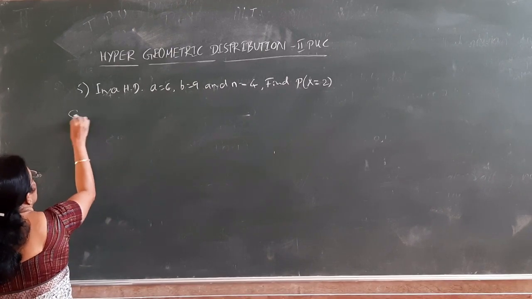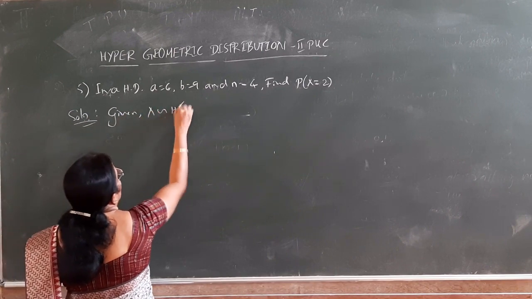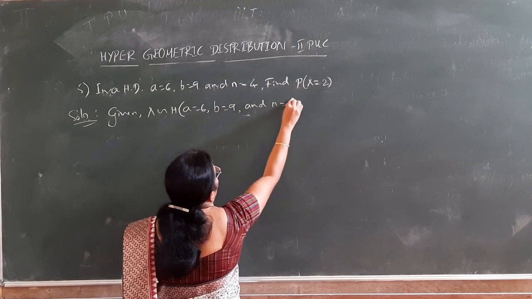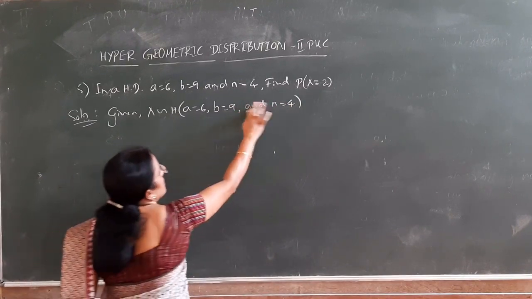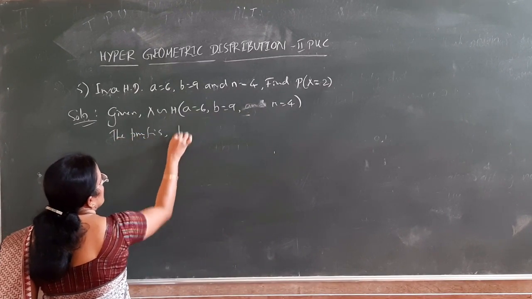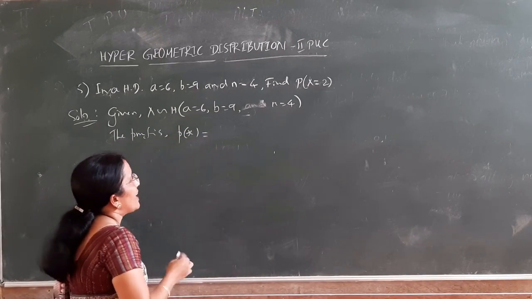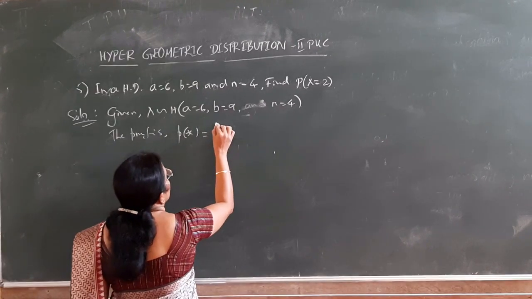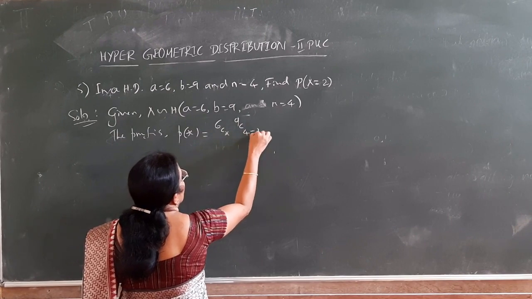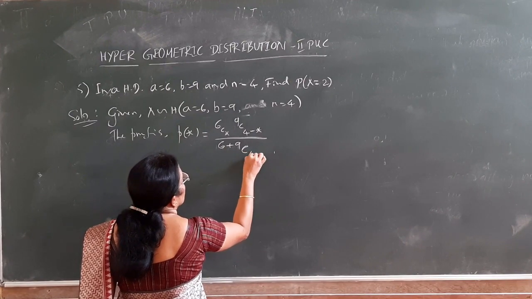So here given, X follows hypergeometric with A equal to 6, B equal to 9 and N equal to 4. Next, the probability mass function is P of X equal to, once again directly I am going to write the values of parameters itself, that is 6 C X, 9 C 4 minus X, divided by 6 plus 9 C 4.